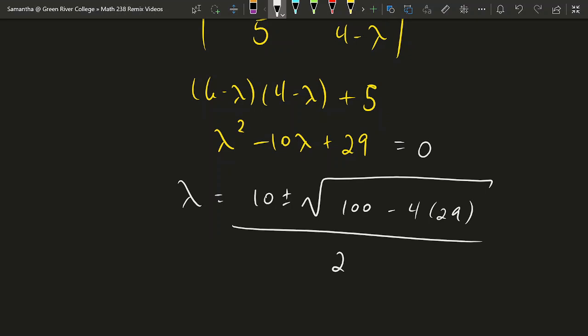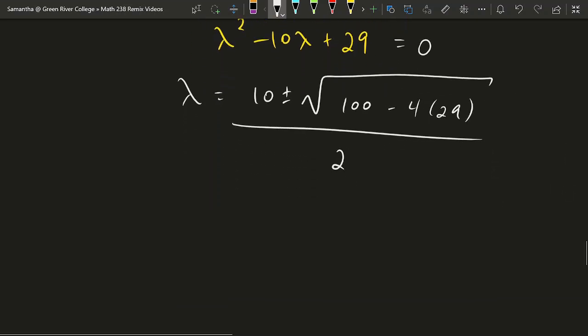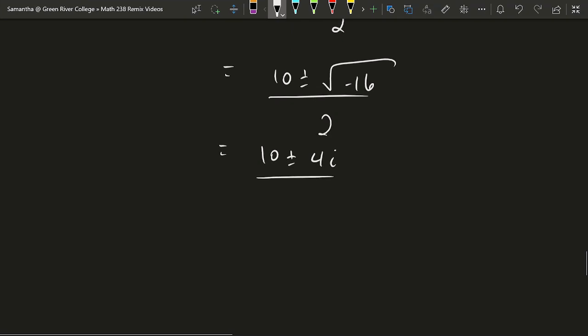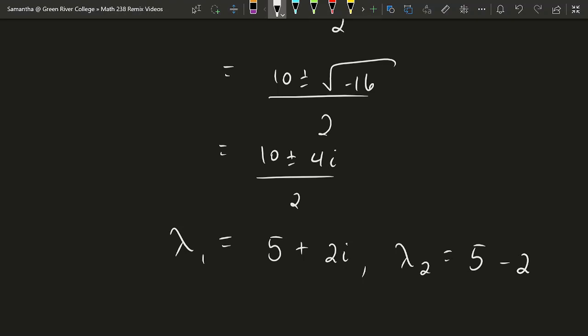Now, a bit of arithmetic on the side shows that this quantity under the root is equal to negative 16, and therefore the numerator simplifies as plus minus 4i, and therefore our eigenvalues are equal to the conjugates 5 plus 2i and 5 minus 2i.